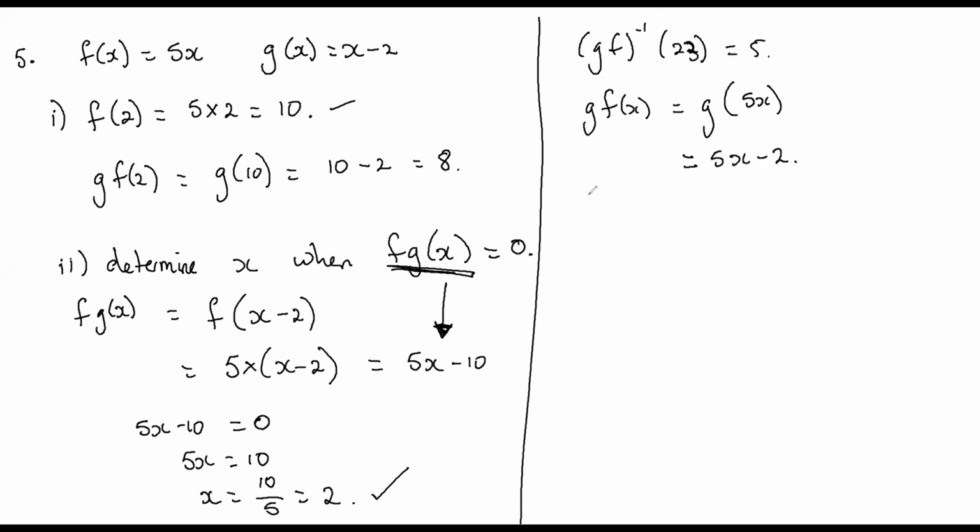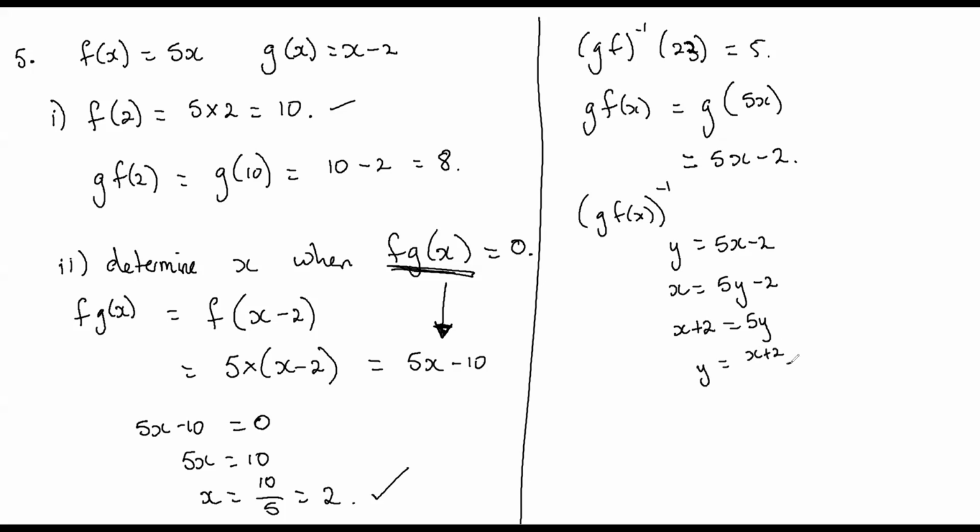Now, the inverse of this would be: y equals 5x minus 2. x would be equal to 5y minus 2, and then x plus 2 equals 5y.